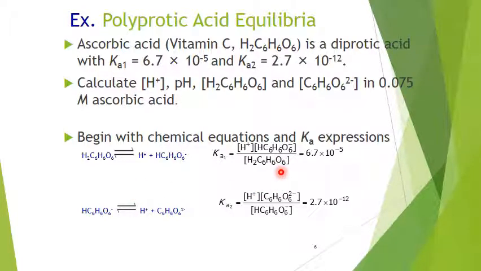So first of all, we're going to use Ka1 to figure out H plus, pH, and amount of acid, because most of the H plus is going to be coming from the first step.